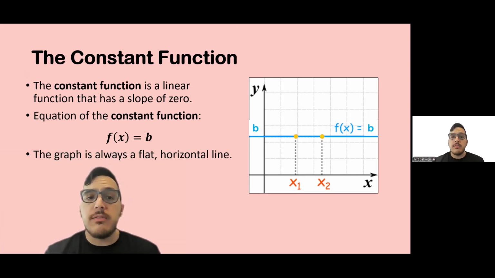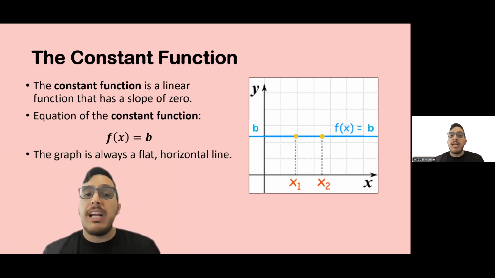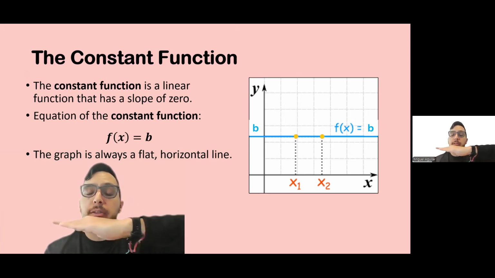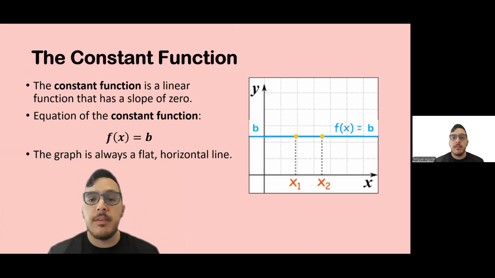The equation for a constant function is going to be f of x is equal to b, where b is just going to be some number. Whatever that number is represents both the y-intercept and the level or the height of that perfectly flat horizontal line.